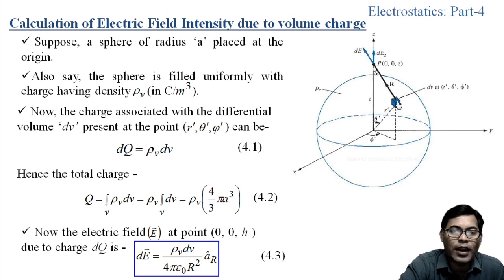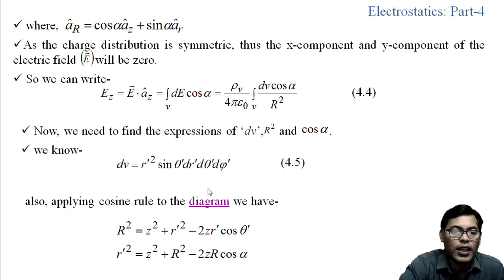Here from the diagram we will consider this R magnitude only. R, this is z and this is r prime. This angle is theta prime, this angle is alpha. So we can find R square equals z square plus r prime square minus twice z r prime cos theta prime.